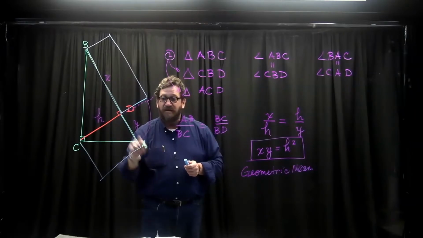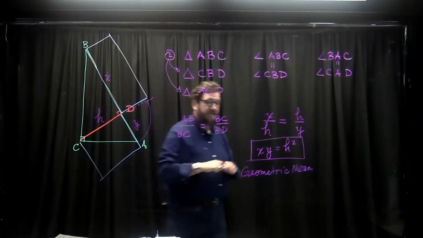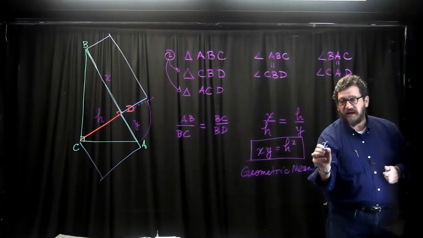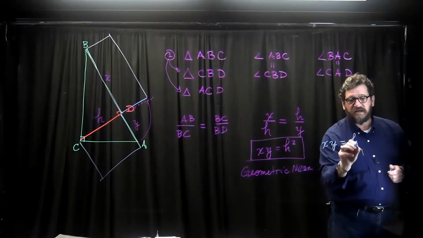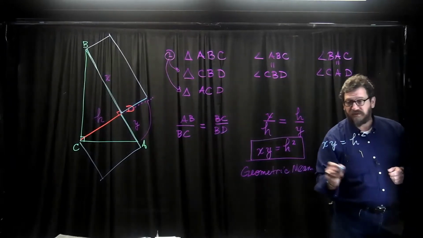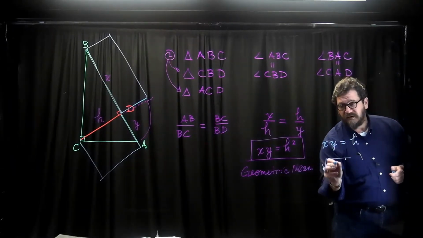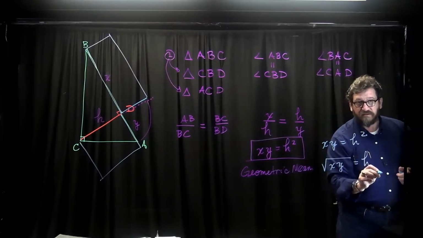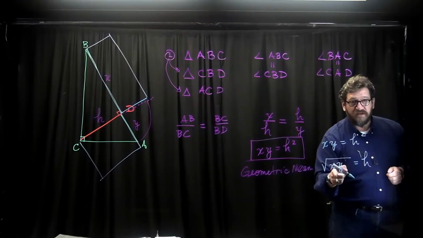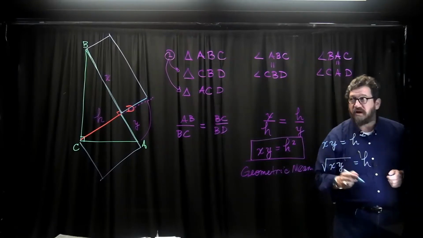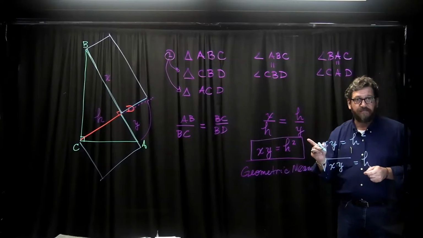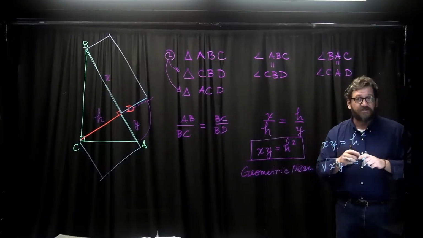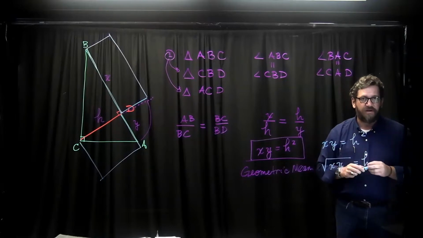And by the way, this diagram is fascinating because guess what it shows you? Take this little novelty right here. X times Y is H squared. Take the square root of both sides. So the square root of X times Y is H. Let one of these two numbers be equal to 1, whether it be X or Y. And if you do that, you now have a method for how to construct the square root of a number.